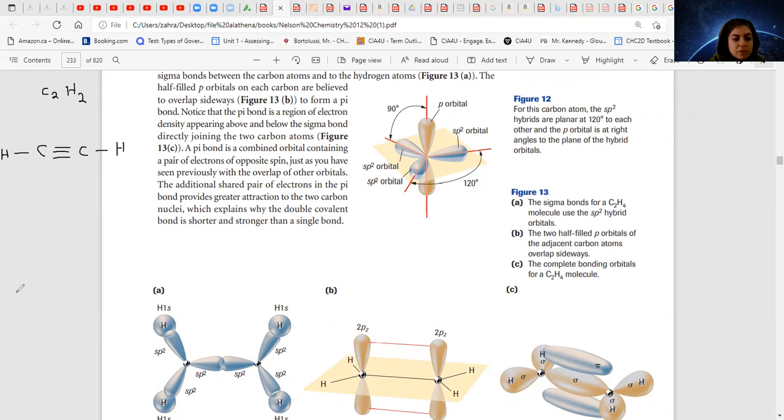Again, 1s, 2 electrons here, 2s, 2 electrons here, and 2p.